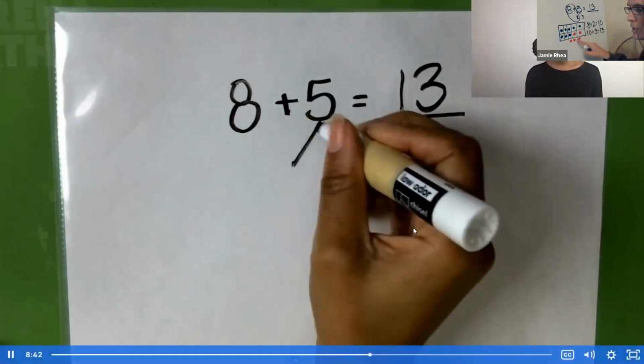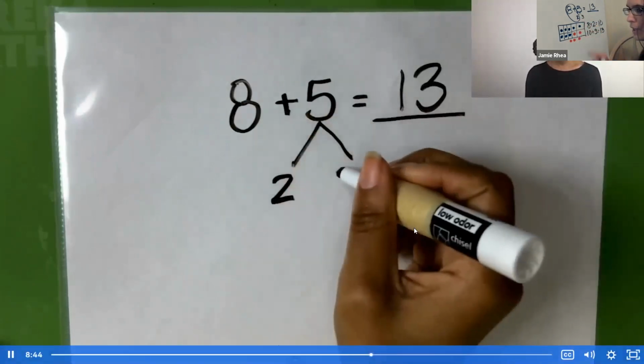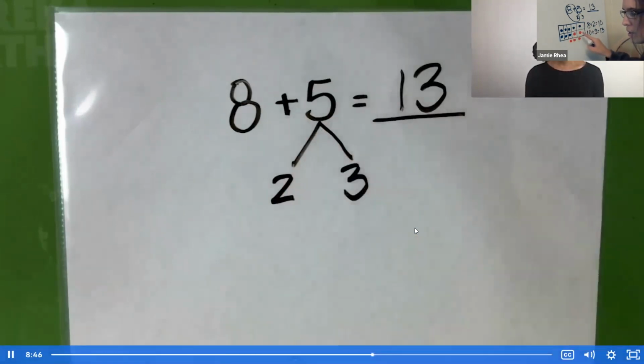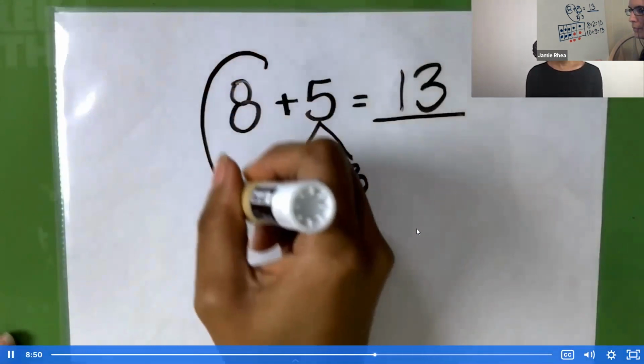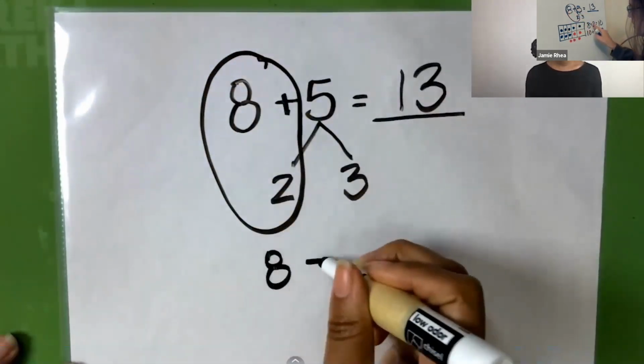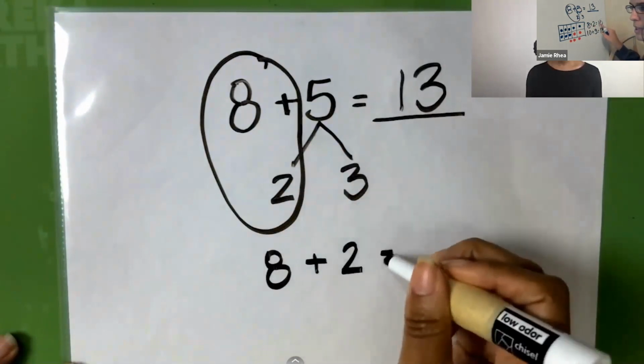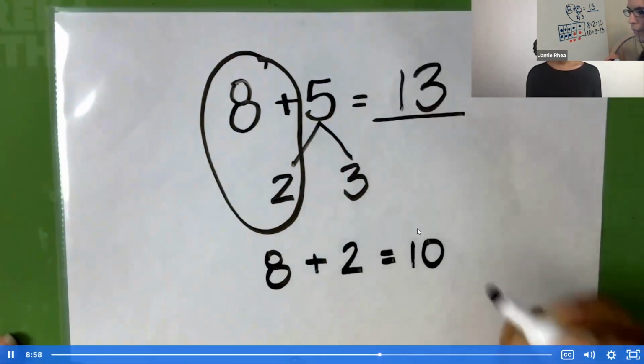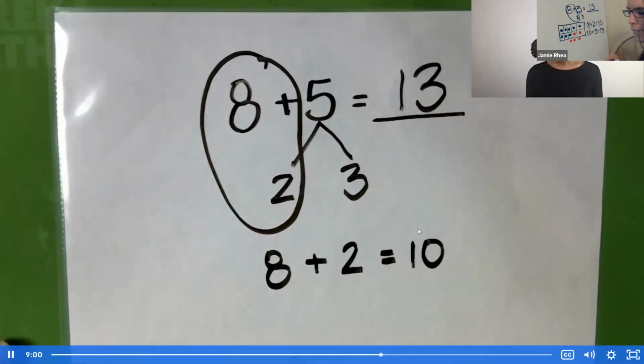So here's our 2, here's our 3. Now, if you don't need to make this, then you don't have to. Now, let's add our 2 to the 8. Our number sentence would be 8 plus 2 equals 10.